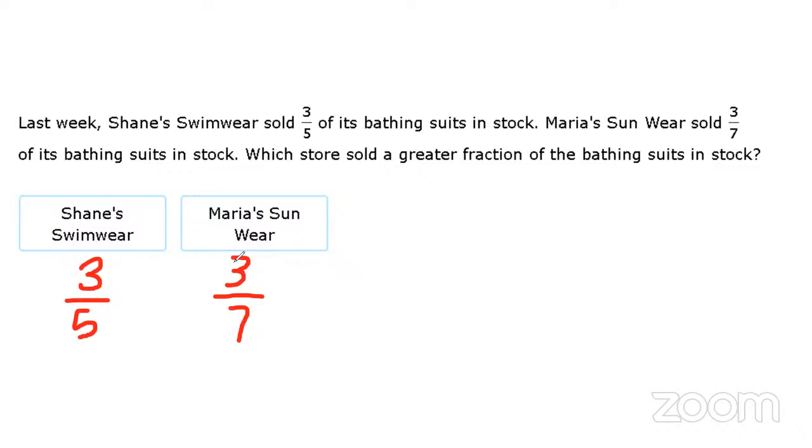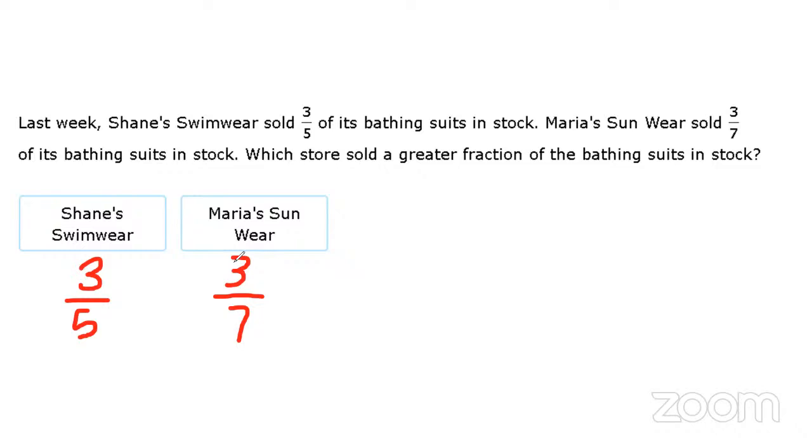So tell me, why did you choose whatever answer you chose? Simone, why did you say Shane's? Kadian, why did you say Shane's? Go ahead. When you put your answer, tell me why. Shane's swimwear because. Maria's sunwear because. Go ahead and share your answer.